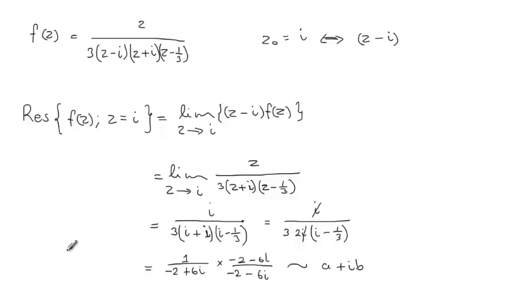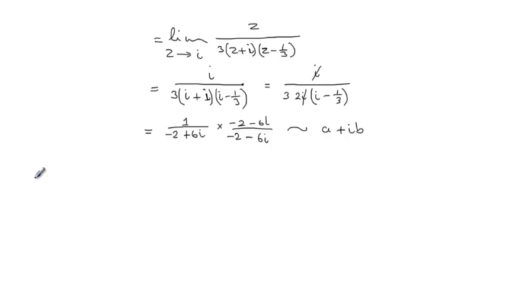Now, the last residue which we need to calculate here is the residue at z equals −i. Computing the residue at z equals −i, let's write the residue of f(z) at z0 equals −i, and then we'll write this as the limit as z approaches −i.